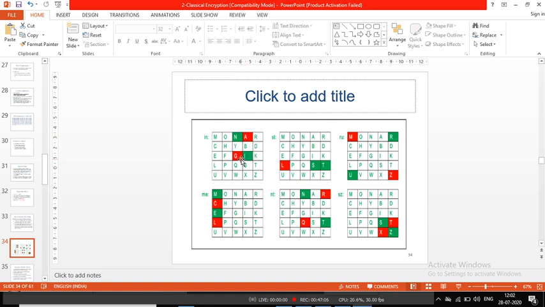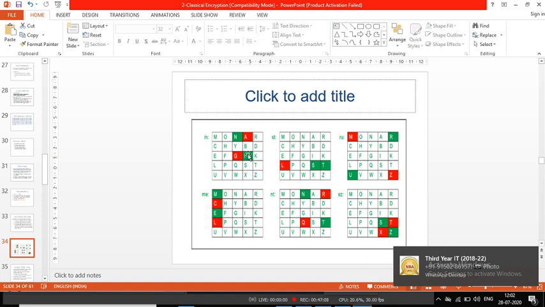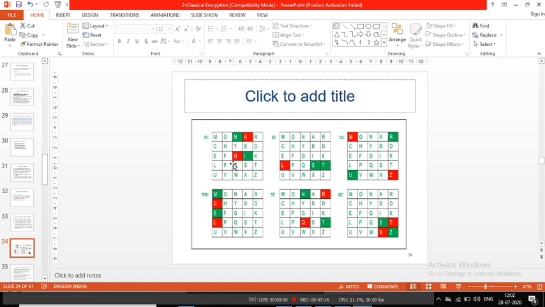Now this IN can be substituted as AG or GA, any form, that is not an issue. So IN has been substituted as GA.